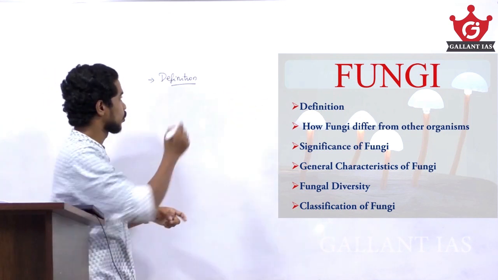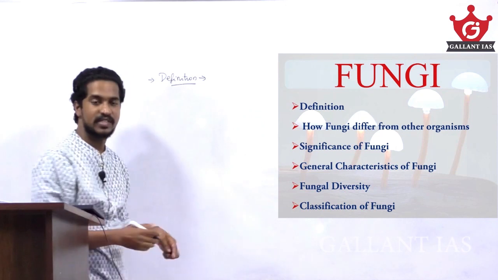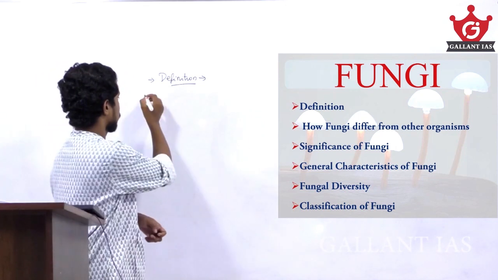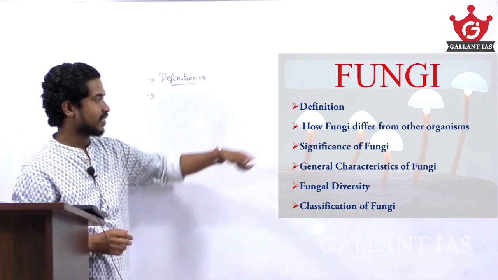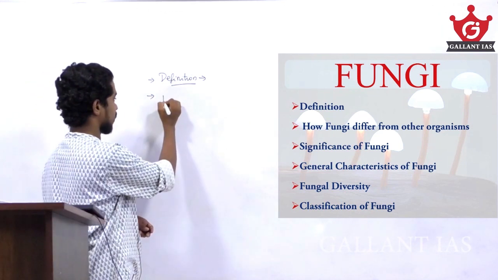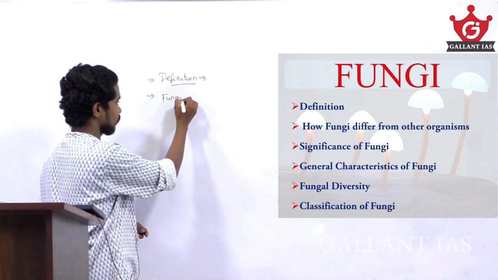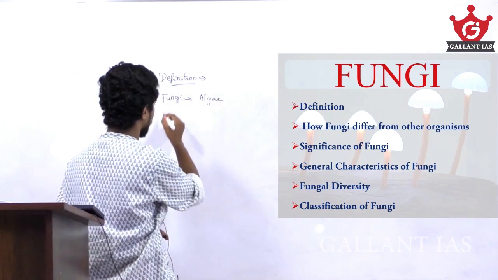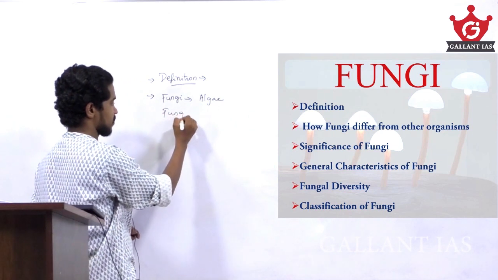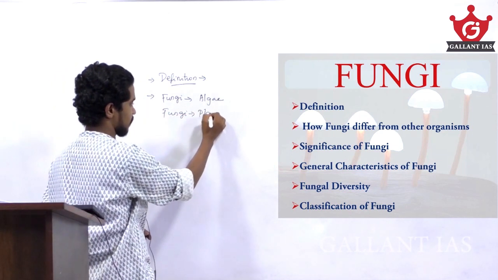So firstly, we have to know the definition of fungi, and then you should know how fungi differ from other organisms: how fungi differ from algae, how fungi differ from plants.